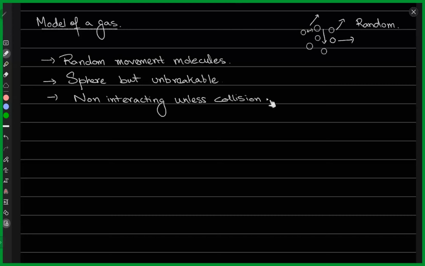I'm sure you're all aware of what I mean by collision, right? Everyone understands the idea of colliding molecules. They're just going to hit each other, and that's when the interaction is going to happen.